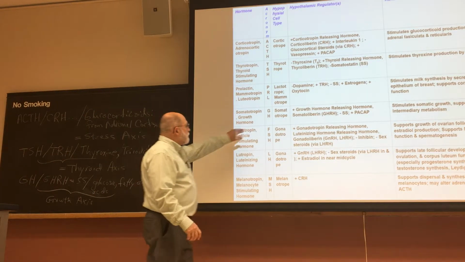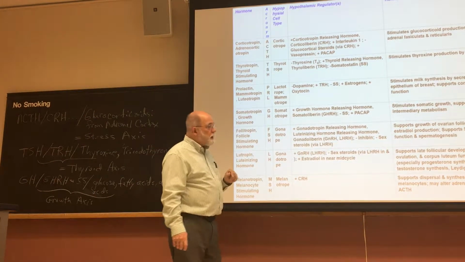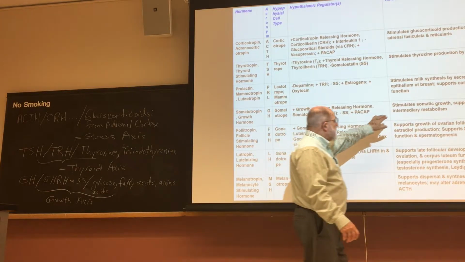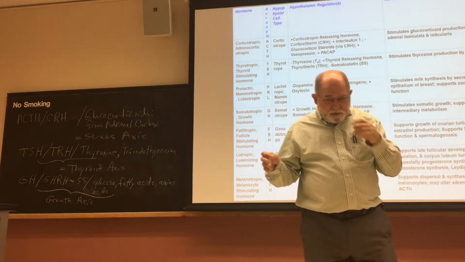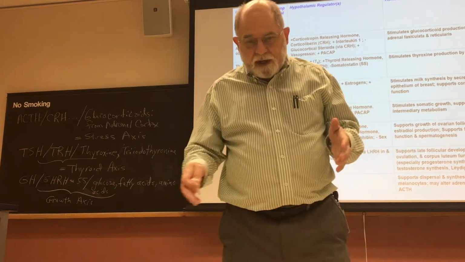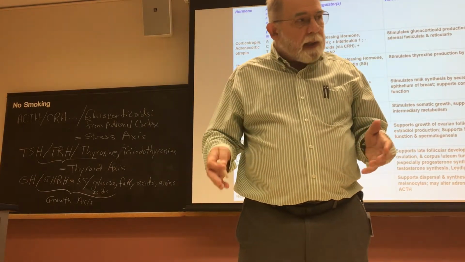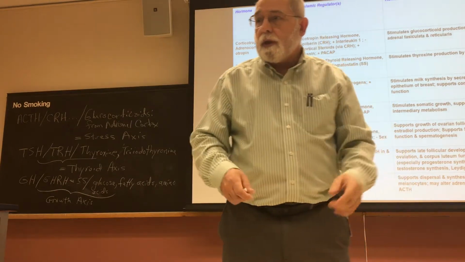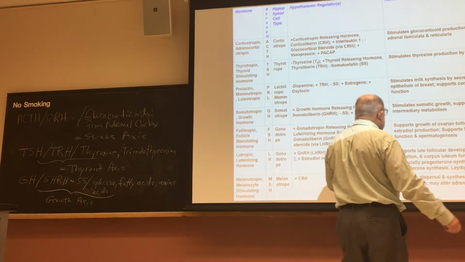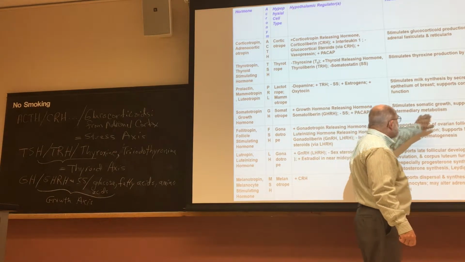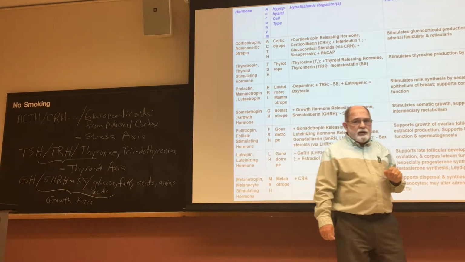Somatotropin, GH, is involved in body growth. So during maturation during childhood, you're seeing the length of long bones being stimulated by growth hormone to increase in length, and in support of intermediary metabolism.